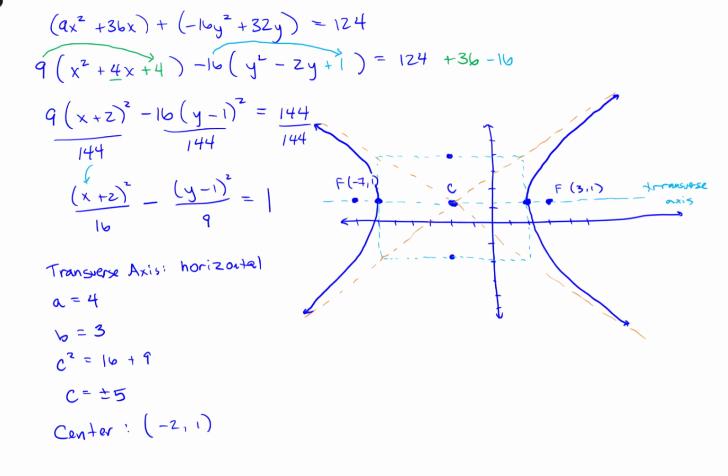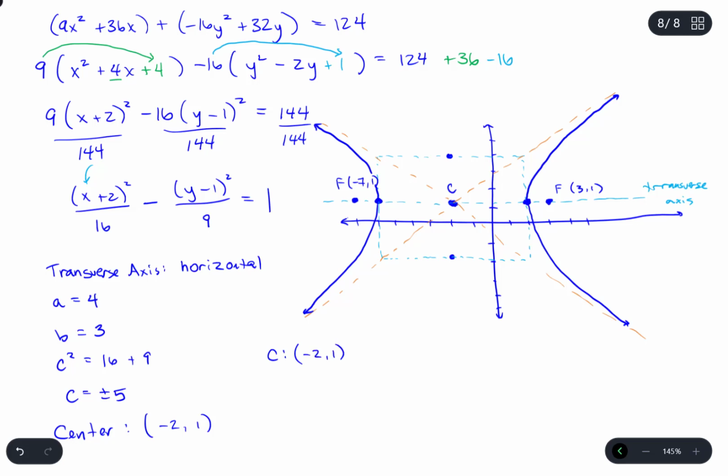Okay, now the last thing that was requested was the equation of these asymptotes. So honestly, at this point, what I do is just simply come up with the equation of lines. For instance, I know that the center point is on both of these lines, which is at -2, 1. And then the slope of one of them, let's call this line 1.